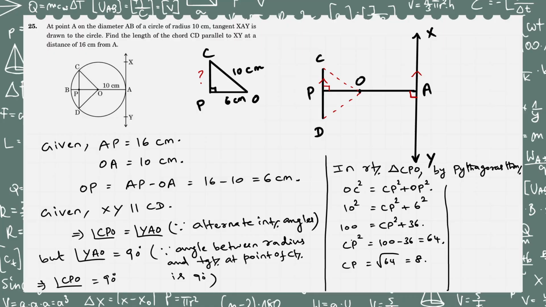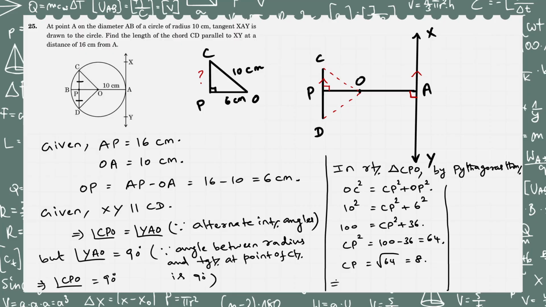Now CP's length we have found, right? And we very well know that the perpendicular from the center bisects the chord, right? By that theorem, since OP is the perpendicular, because there is 90 degree at P, the perpendicular from the center is bisecting the chord at P, right? So that means CP and PD both will be having the same length, right?